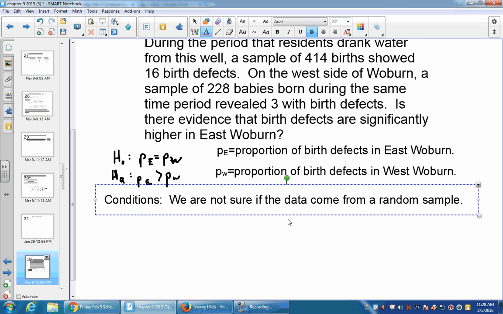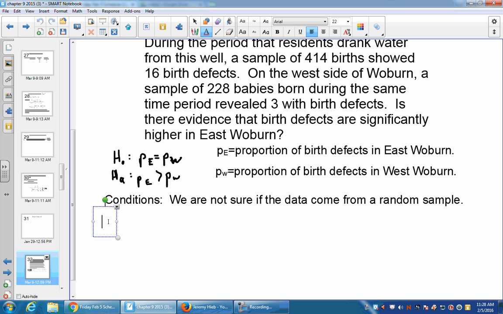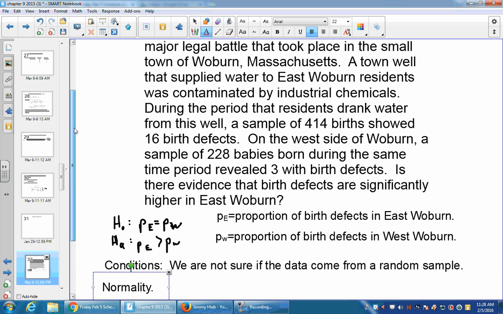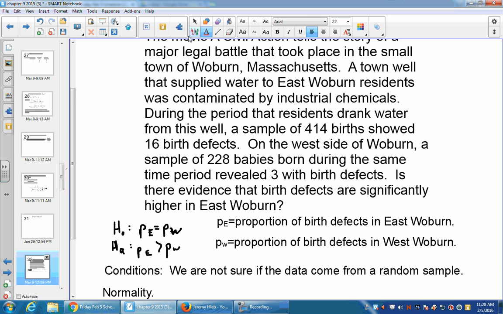Now we need to check normality. For normality, we need to check that n times p and n times 1 minus p are greater than 10. Now we've got to think about what our p is. Well, let's find our combined p. We talked about it, but we didn't actually find anything. So a combined p is taking the values 16 plus 3 over our total, which is 228 plus 414.